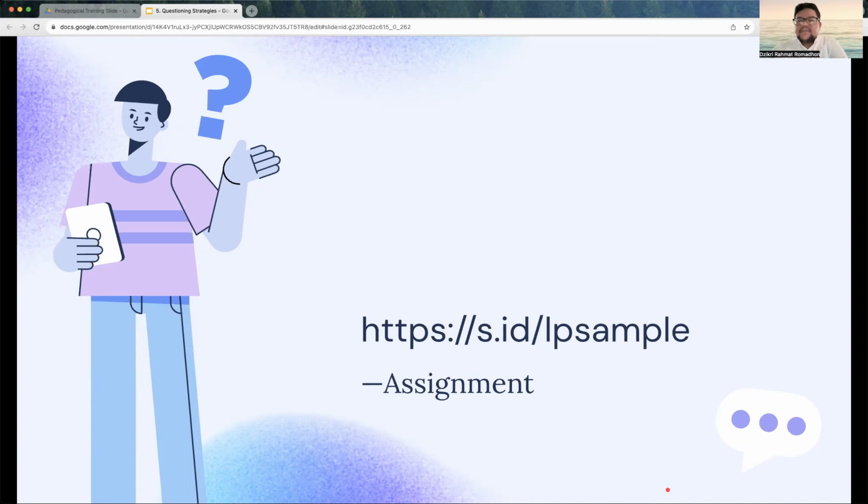LP stands for lesson plan. If you type that in your browser, you will be directed to the Google form, and you can download the sample file or template, and then fill that in according to your subject and the classroom that you choose.